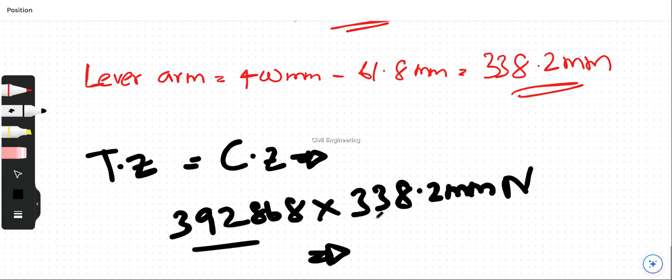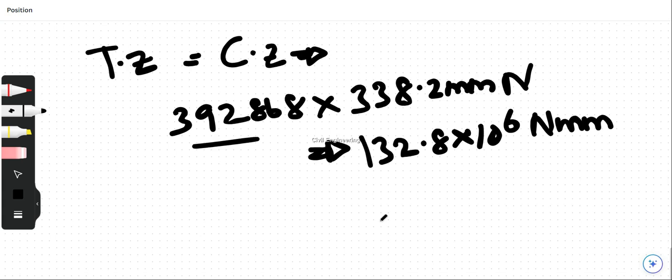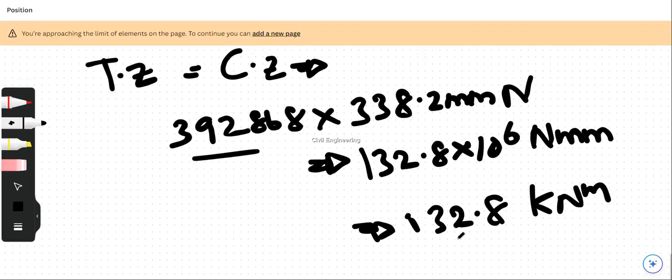The answer is 132.8 into 10 to the power 6 Newton millimeters, or 132.8 kilonewton meters.